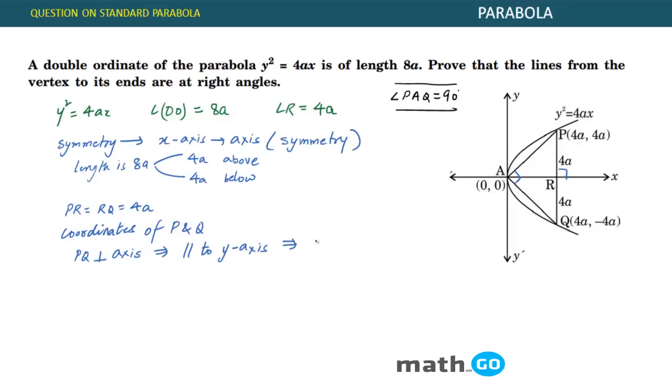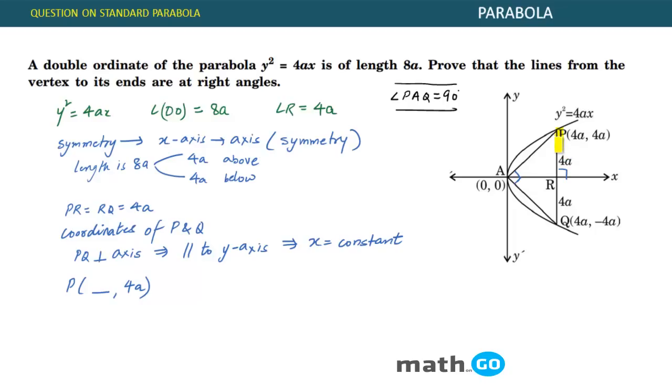Any line parallel to the y-axis is written as x is equal to a constant. Got it? In fact, if you notice, PR is 4a. For P, I don't know the abscissa, but I know the ordinate: it is at a length of 4a units above the x-axis, and it is a perpendicular line also.